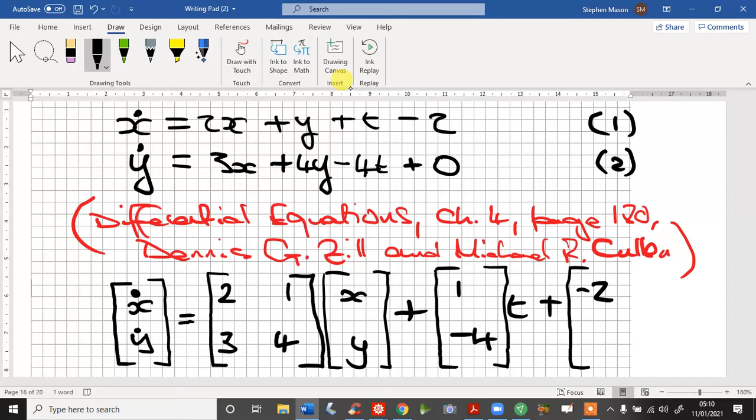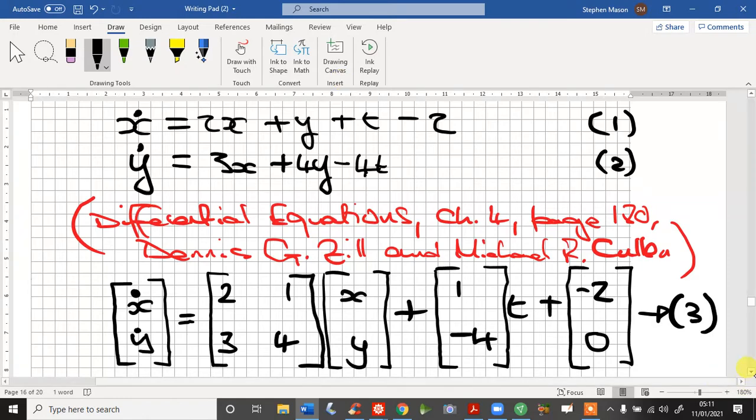So I'll just delete that and then we don't spoil the equation. So we've got a 0 there. And we'll call this system 3 or equation 3. Let me just write that in. 3.